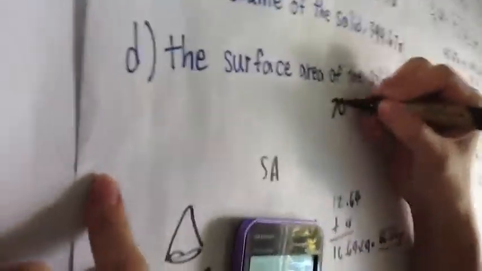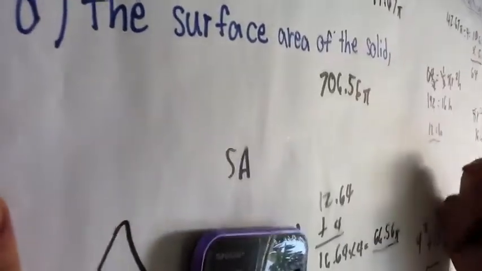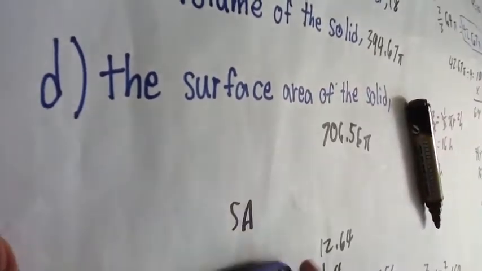So it's 706.56 pi. And don't forget that since they have pi, we can also multiply it by pi.